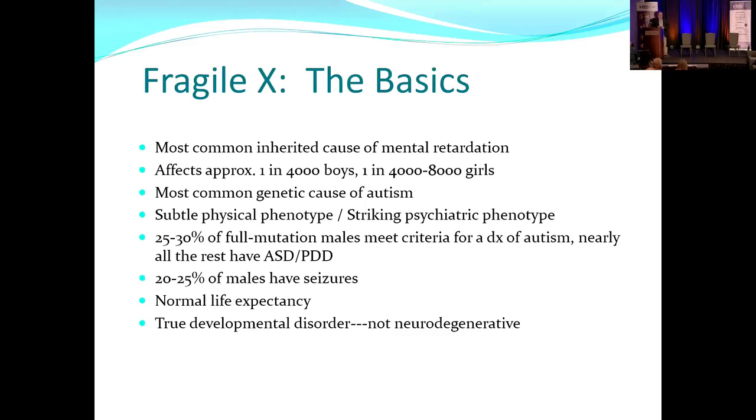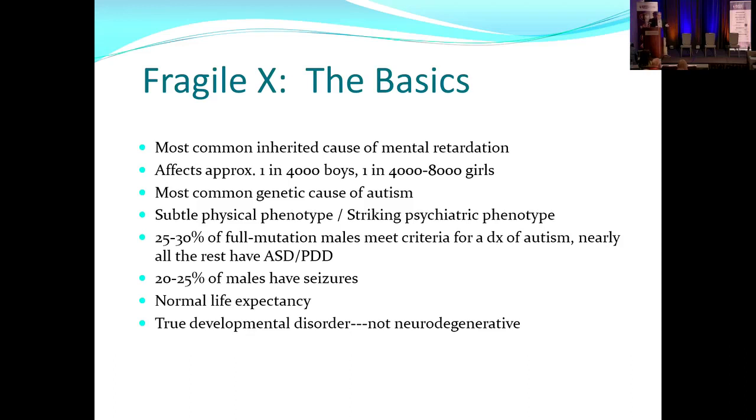Fragile X is the most common inherited cause of mental retardation or intellectual disability, if you prefer the more politically correct terminology. It affects approximately 1 in 4,000 boys. 1 in 4,000 girls also have the full mutation, but about half the folks are like our daughter, and they really don't have anything wrong with them because they have another X chromosome.